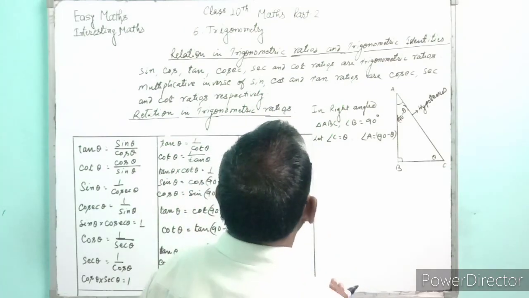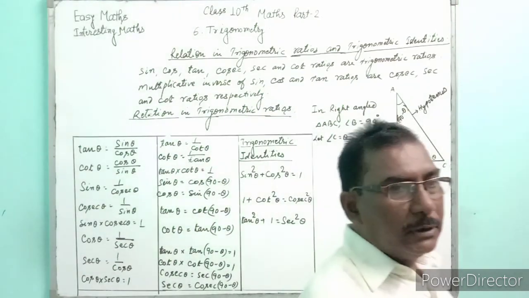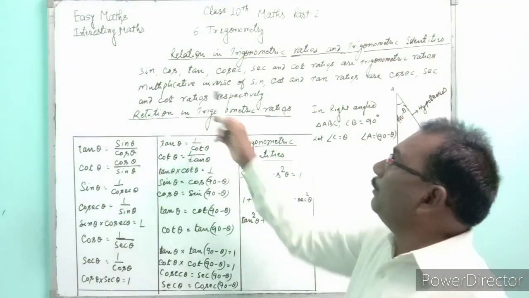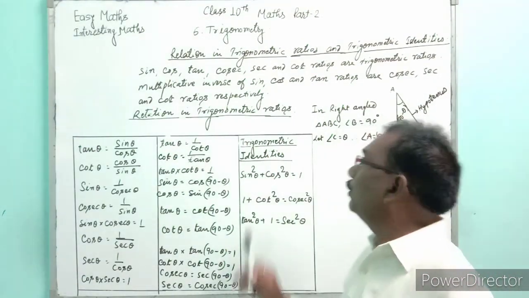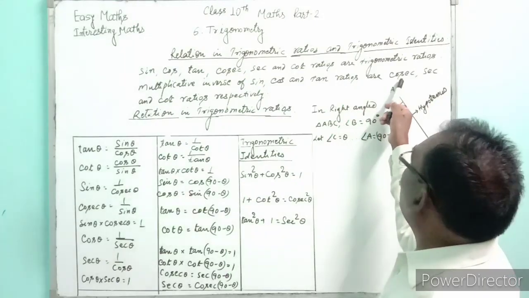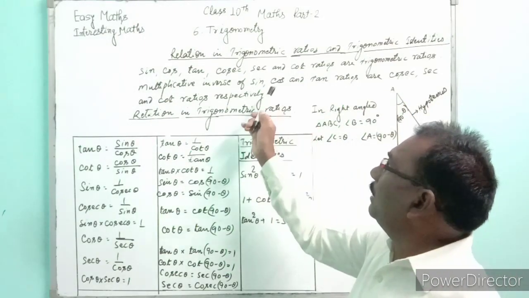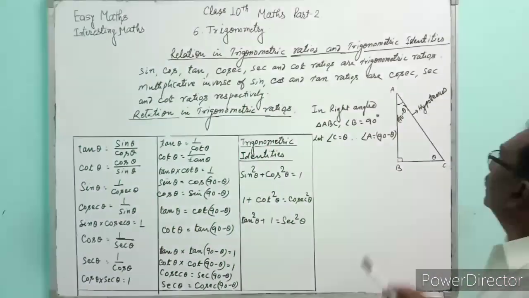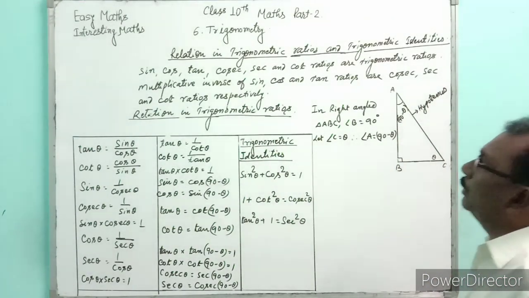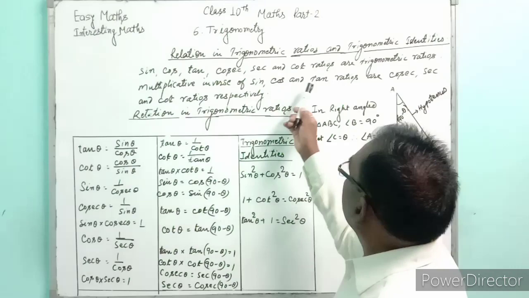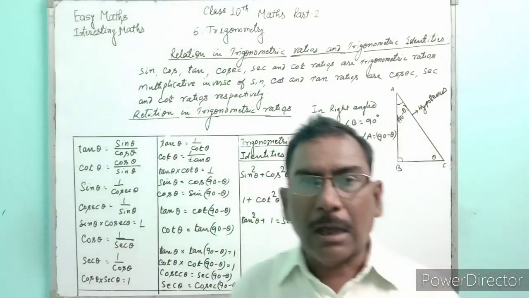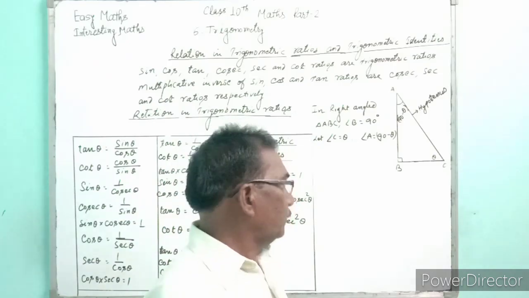Sine ratio, cos ratio and tan ratio are basic trigonometric ratios, and the multiplicative inverse of sine ratio is cosec ratio. The multiplicative inverse of the cos ratio is sec ratio, and the multiplicative inverse of tan ratio is cot ratio.